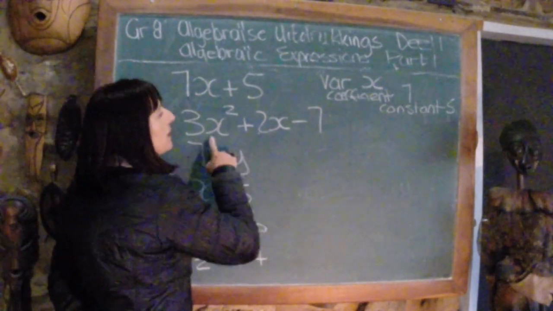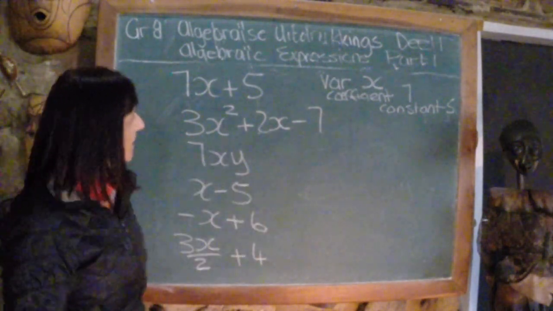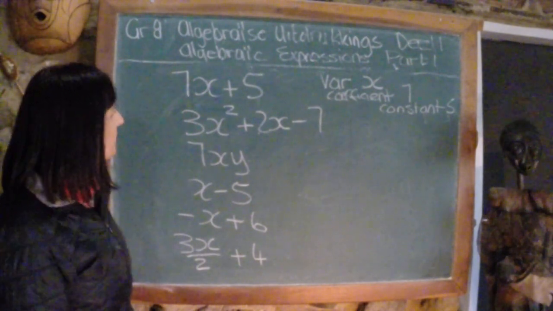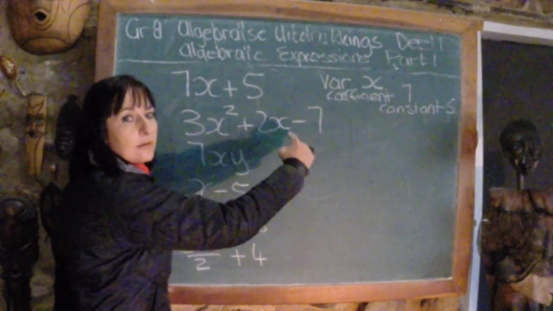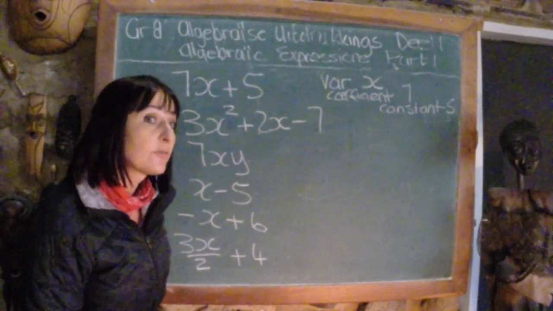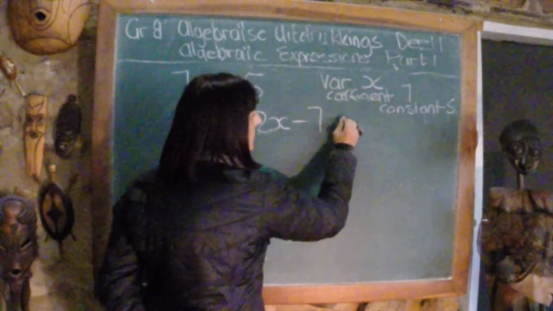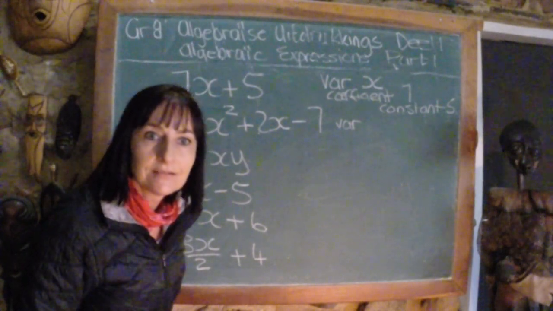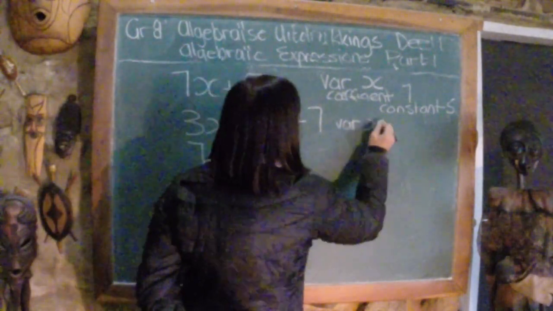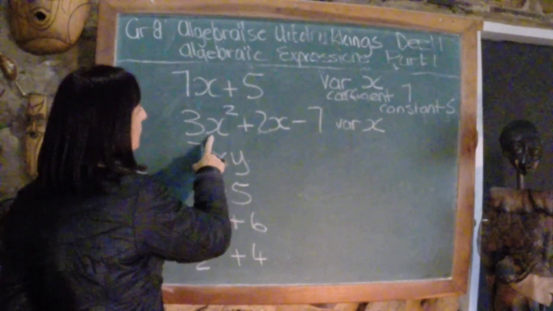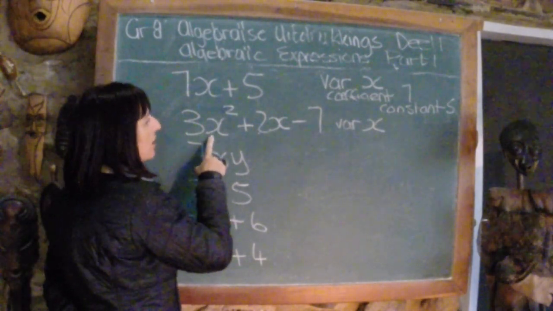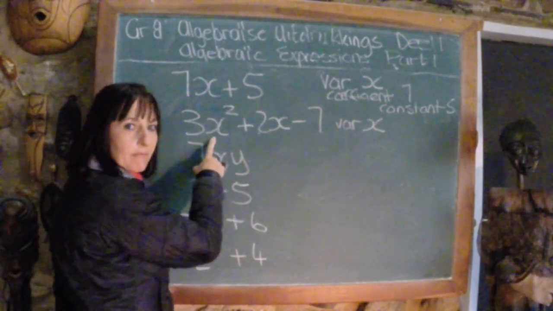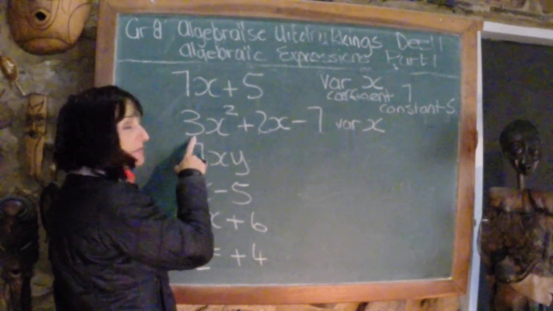Okay, let's quickly see. What's the variable in this algebraic expression? Wat is die veranderlike hier? The letter of the alphabet. That's the variable. Give me the variable over here. X. Okay, let's go to the coefficient of x squared. What's the coefficient of x squared? 3.